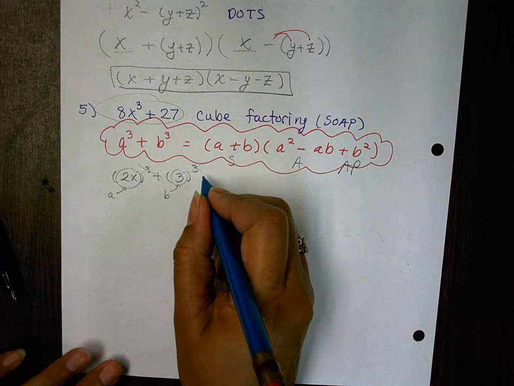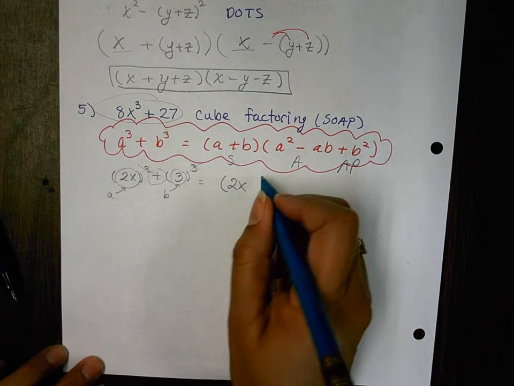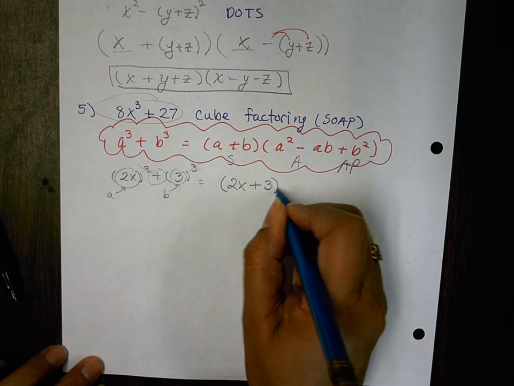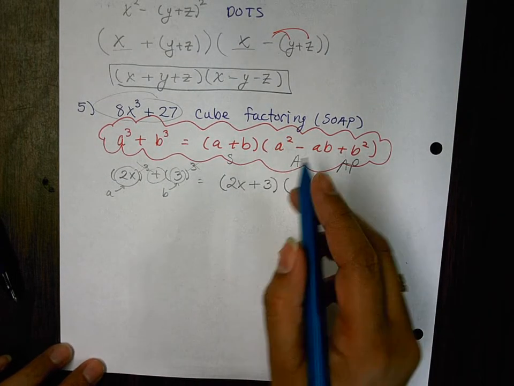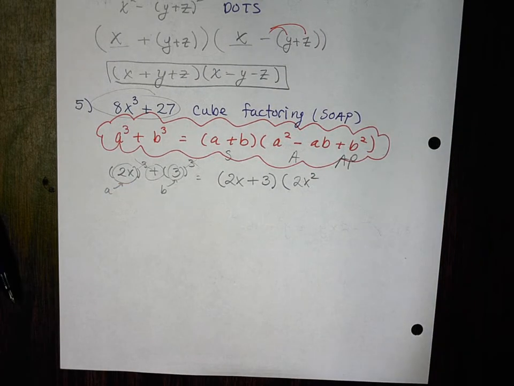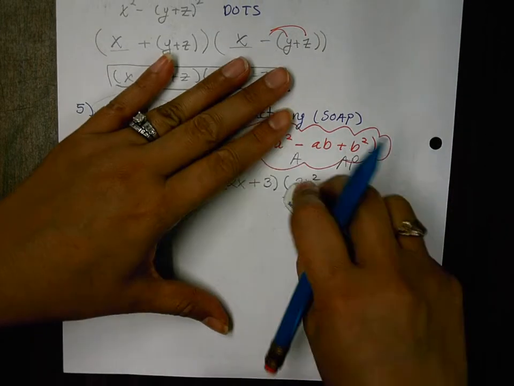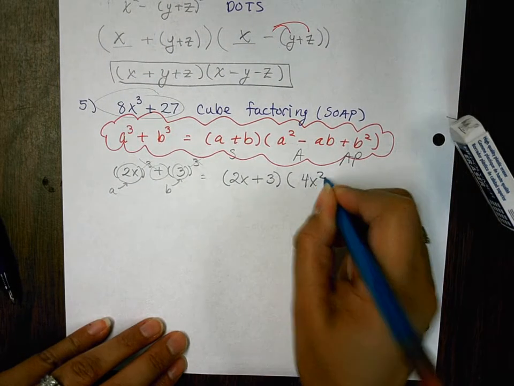All right, so it factors: a is 2x, same sign as plus, b is 3, close parentheses. Be careful, a lot of kids will do this. For the a squared, they'll do 2x squared. That is wrong, because I have to square the 2 as well. It's 2x times 2x, so that's 4x squared.